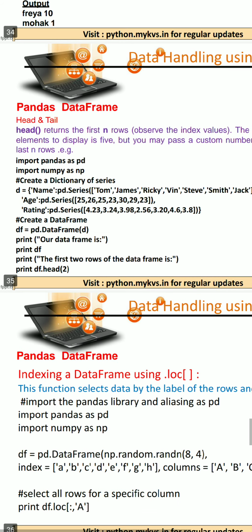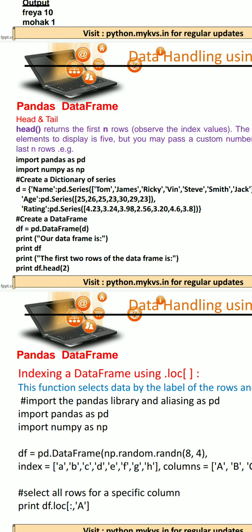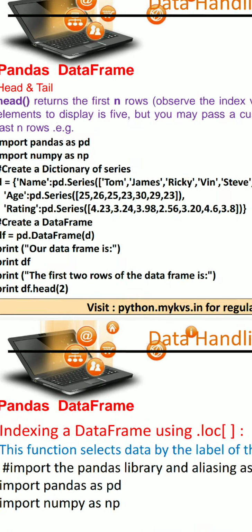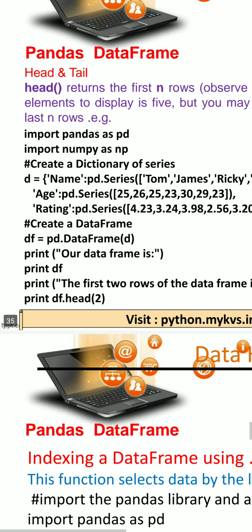So students, we try here to use the head method. Here you can see that D is the dictionary, where name, age and rating are the keys, which will be used as columns inside the data frame.